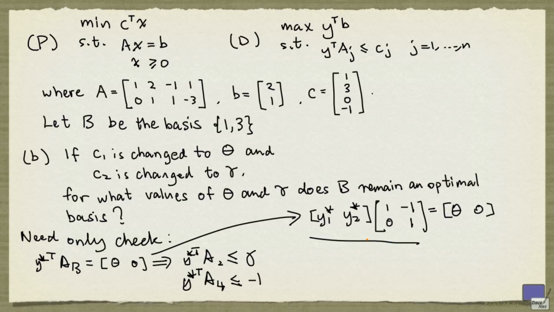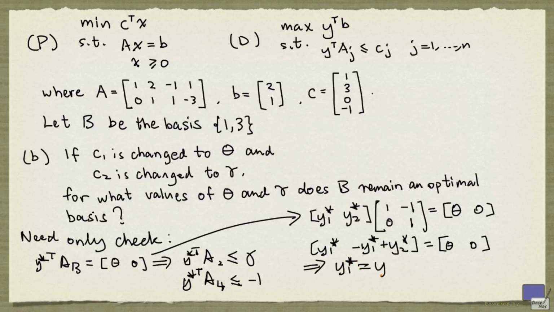And if we multiply out the left-hand side, we get y1 star in the first entry and minus y1 star plus y2 star in the second entry, and that is equal to (theta, 0). And here we see that y1 star has to be theta, and the second entry tells us that y2 star has to be equal to y1 star. So the solution is y1 star equals y2 star equals theta.